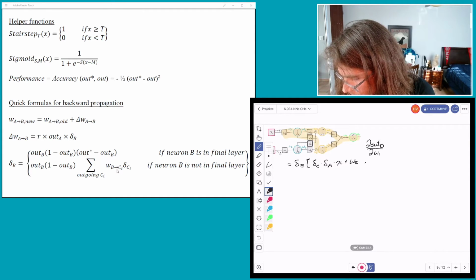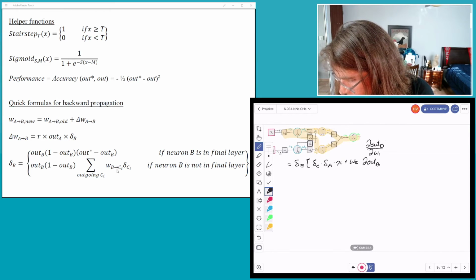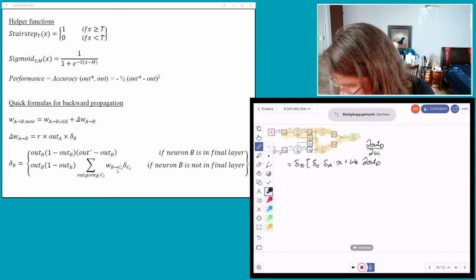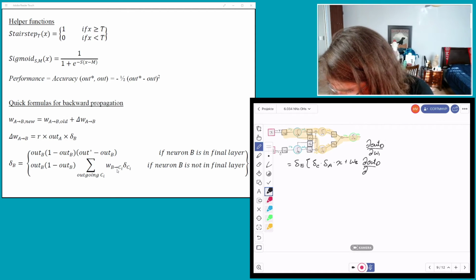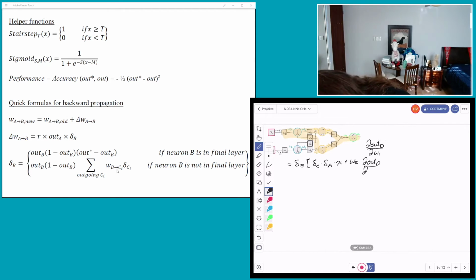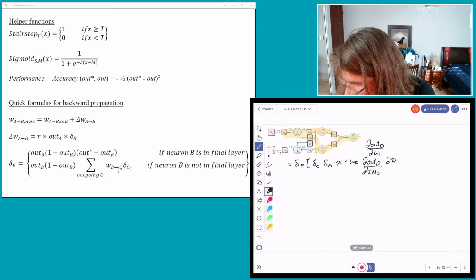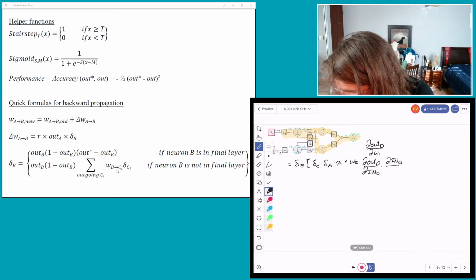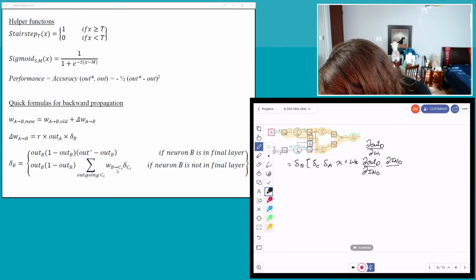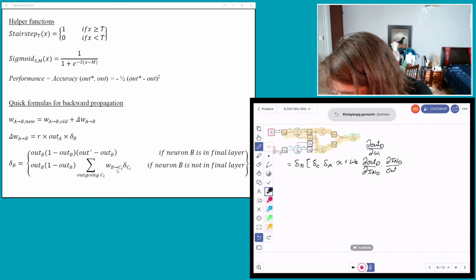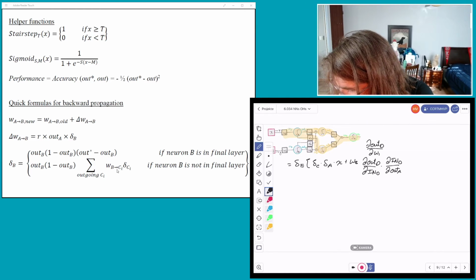So this is the partial of out D, D not B, with respect to in D. Then this is the partial of in D with respect to out A. Oops, I missed the partial there. Out A.